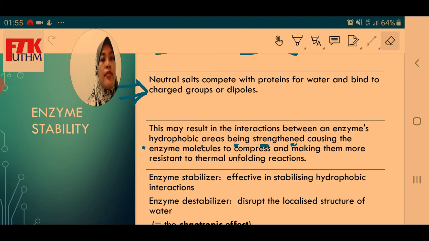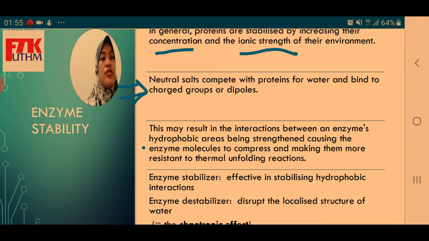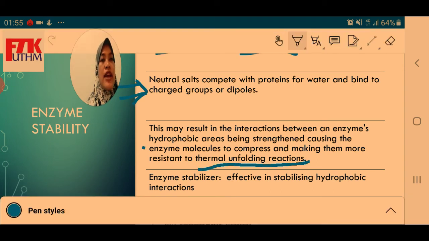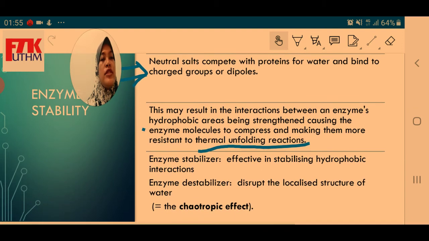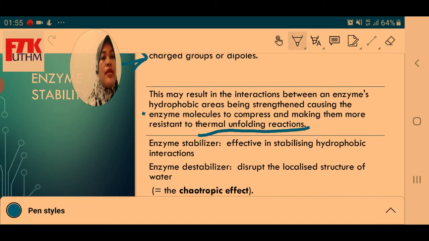So you can have the enzyme more resistant to thermal unfolding reaction, because all the hydrophobic areas which may be attacked by thermal unfolding are protected. So we have these two terms, which are enzyme stabilizer and enzyme destabilizer.